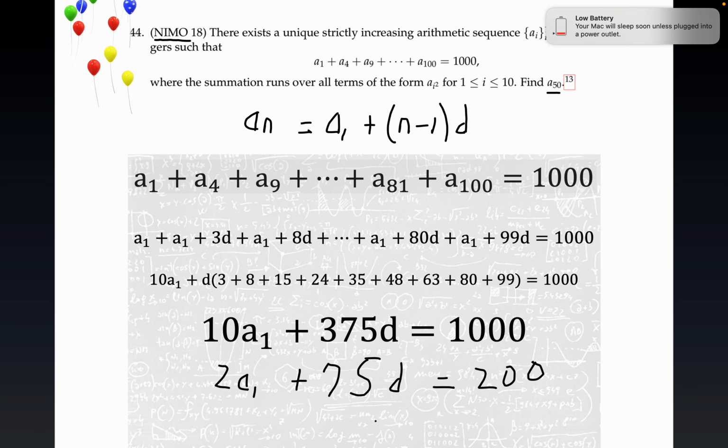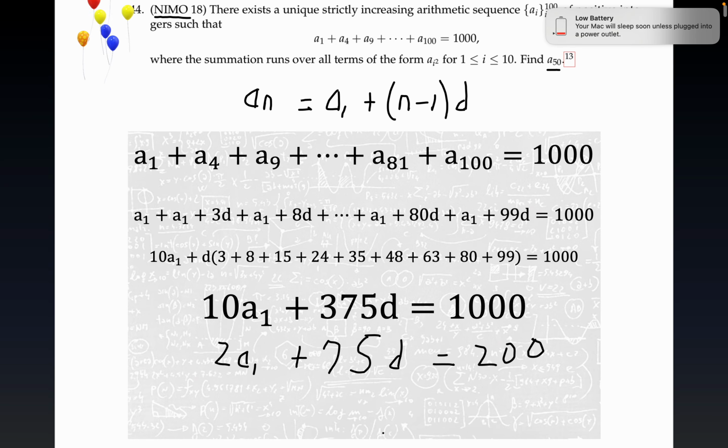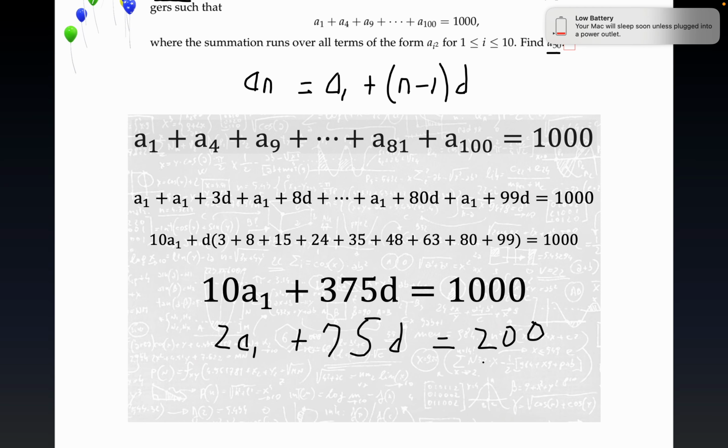So we know that d is not equal to 0, and in fact d can't be anything odd, because you'd have an odd number plus this even number, which cannot be the even number 200. So d does not equal 1 or any other odd number.